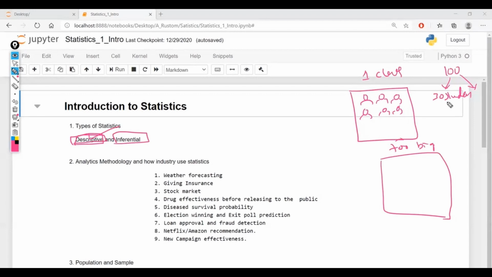But at the same time, suppose there are 100 batches, 1 to 100, and each batch has 30 students. It is very difficult to study each and every one in each individual batch.